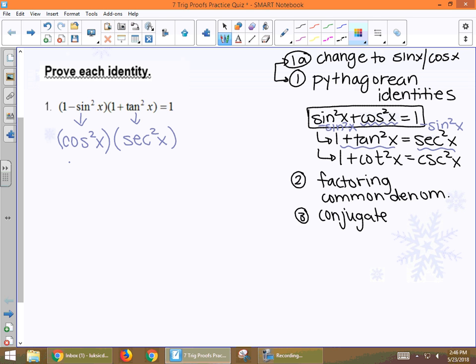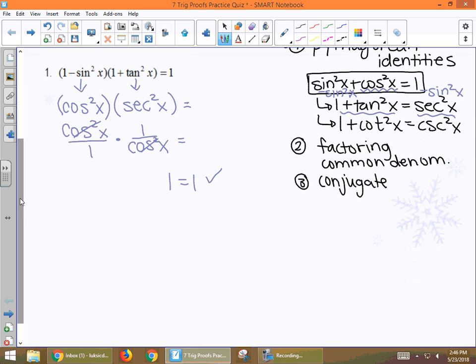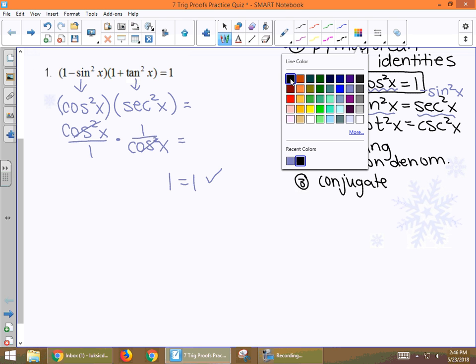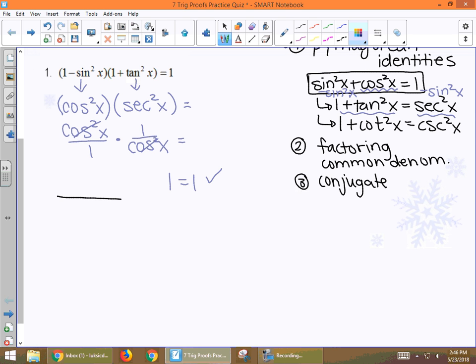And then secant squared is the same as 1 over cosine squared. So those cancel, and you end up with 1 equals 1.